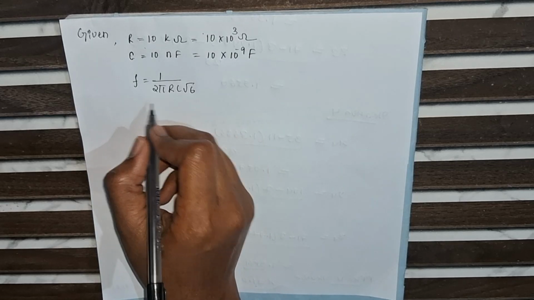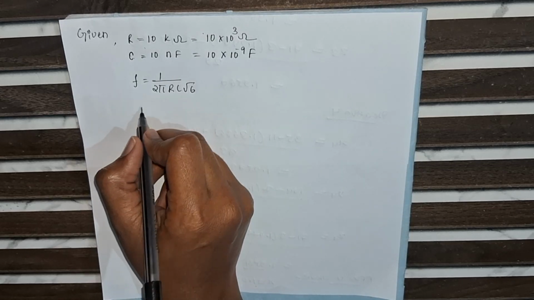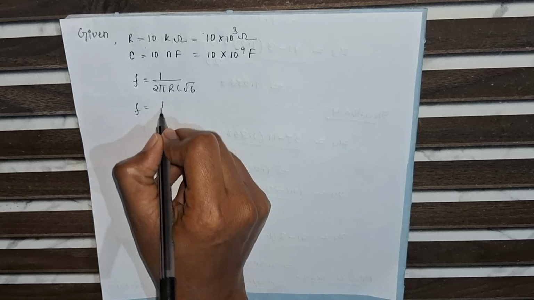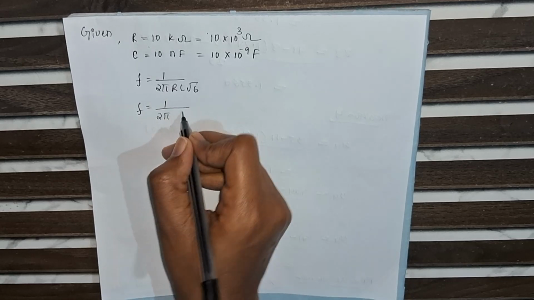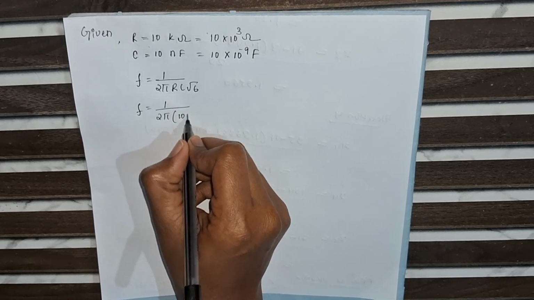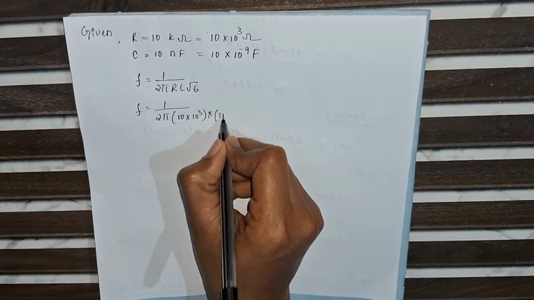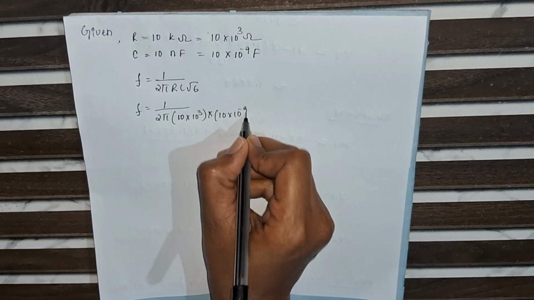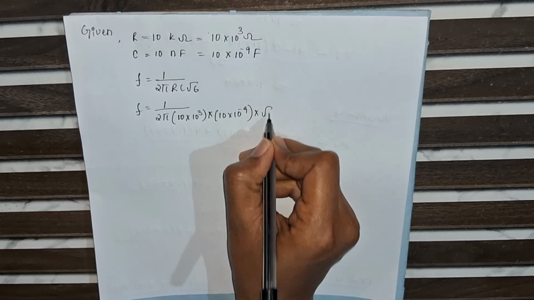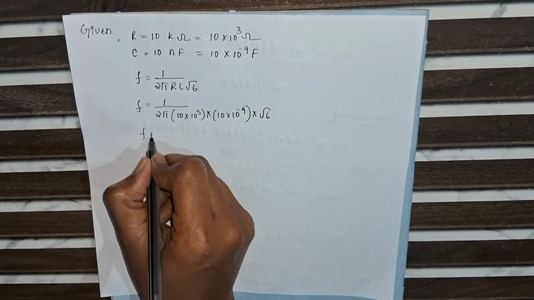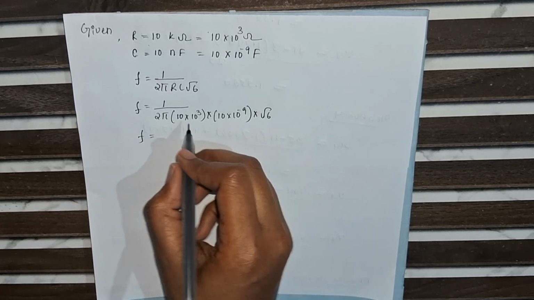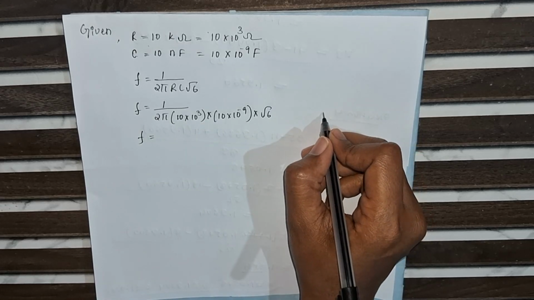Now we will substitute the values into the formula. 2 pi, R value is 10 into 10 to the power of 3, into 10 into 10 to the power of minus 9, into root 6. So we will solve this separately.